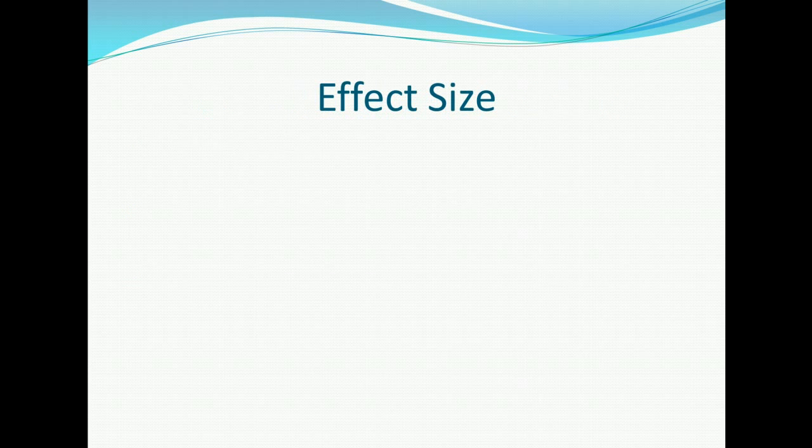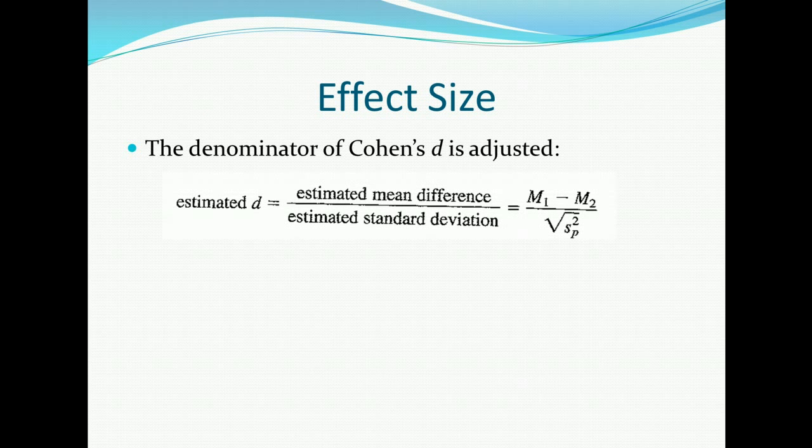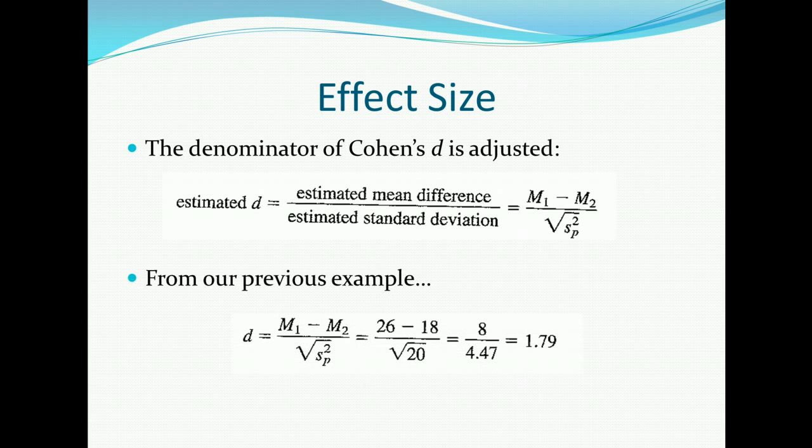But we want to know by how much. So to do that, we calculate a Cohen's d. In this case, it's the adjusted Cohen's d. So it's the same numerator, mean sub 1 minus mean sub 2, the mean difference, over the square root of the pooled variance, so it's basically the pooled standard deviation. In this case, mean sub 1 minus mean sub 2 is 26 minus 18, which gives us 8.